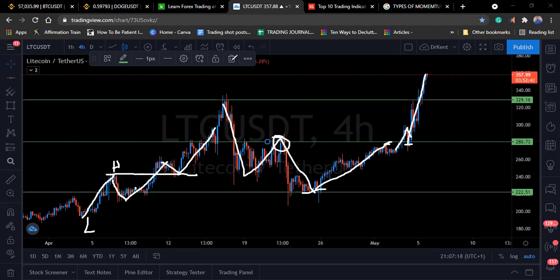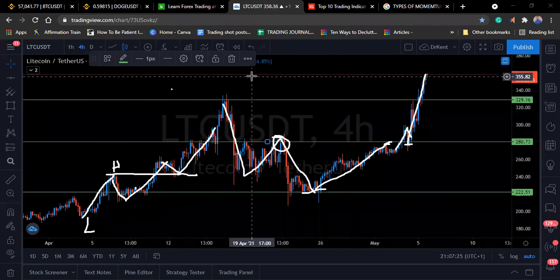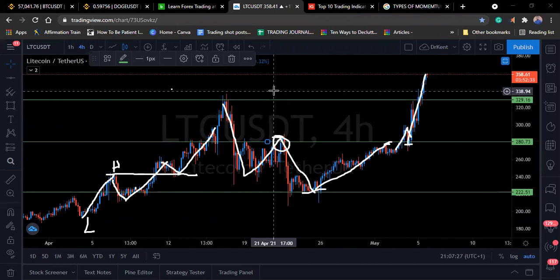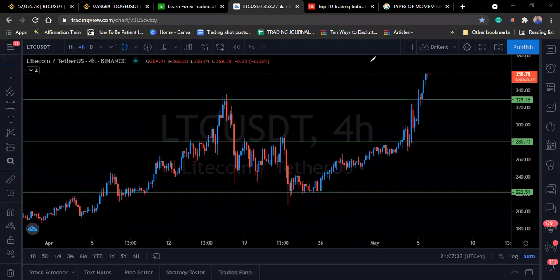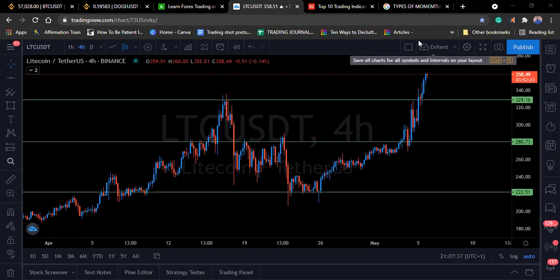Now, there's a third type that says, okay, indicators are not completely bad. In fact, indicators can help us point things that without them we might not exactly see.